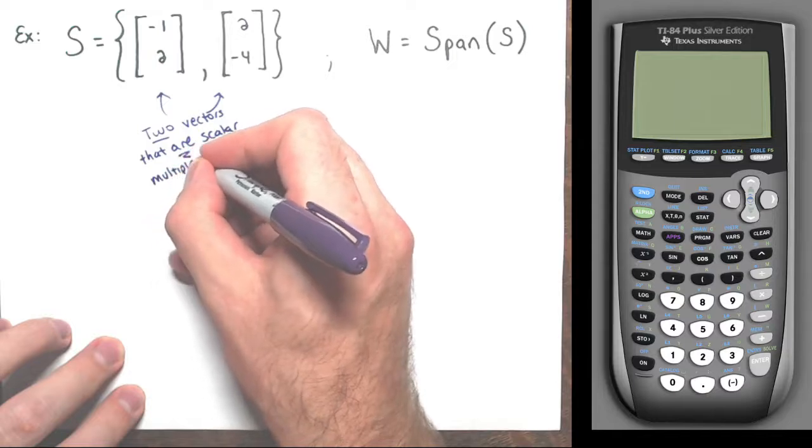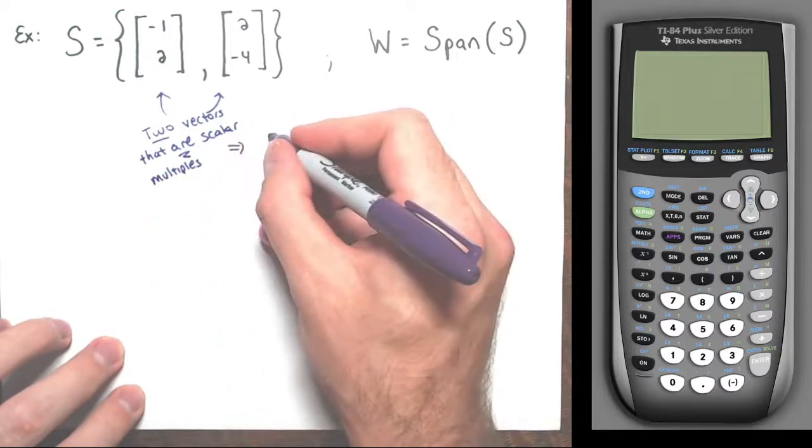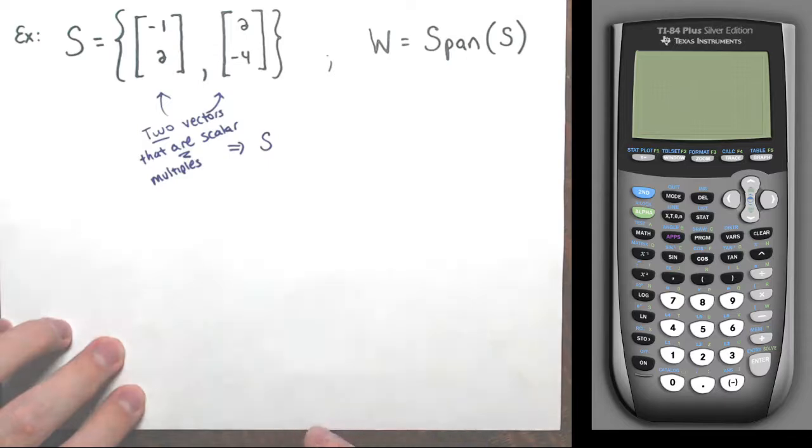All right, and if I have 2 vectors that are scalar multiples, that means that S, the set of vectors, is linearly dependent.